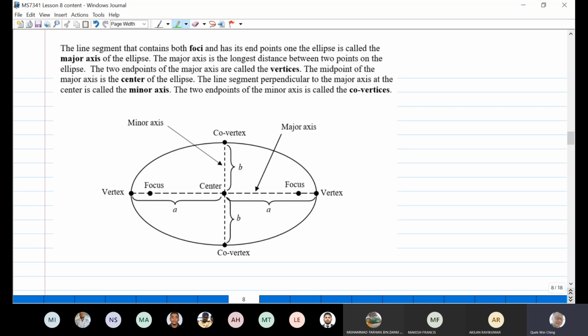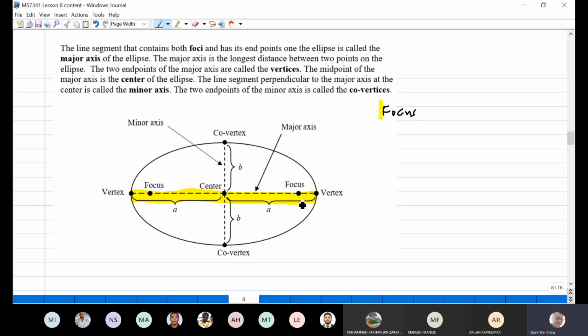What are the terms we're going to talk about? One of them is the major axis. The major axis is the longer one. In this case the major axis is this one, the long one. For the major axis, a lot of points are mentioned here. One of them is that the foci are always on the major axis.